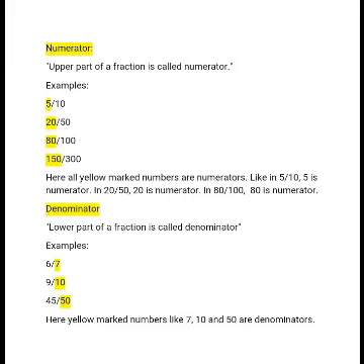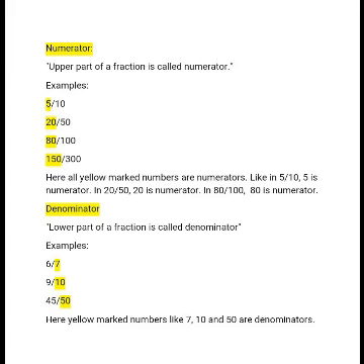The lower part of any fraction is a denominator, like 30 by 40. Here 40 is the lower part of the fraction, which is the denominator. Like 3 by 12, here 12 is the lower part of the fraction, so 12 is the denominator.